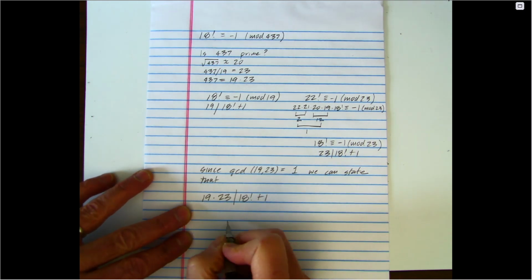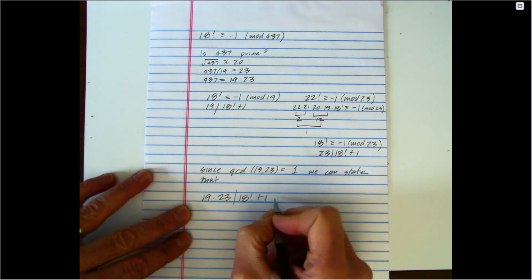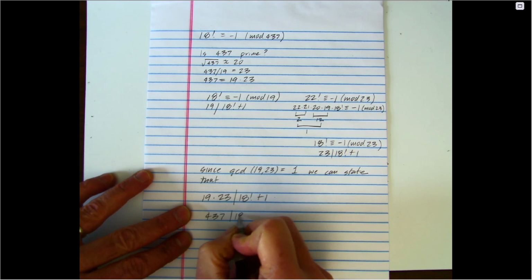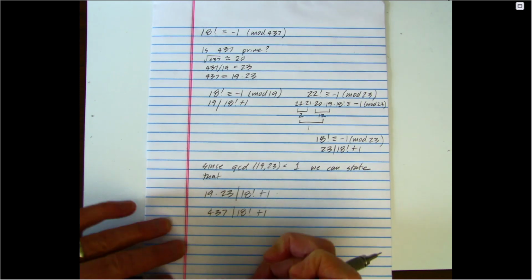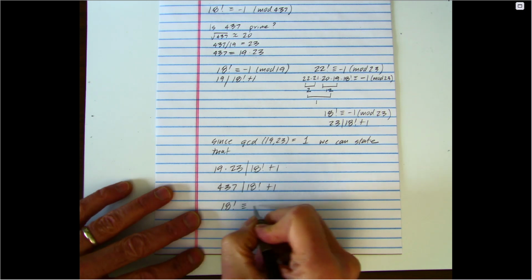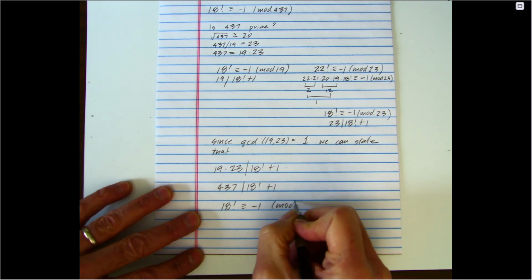What that really means is that 437 divides 18 factorial plus 1. And so 18 factorial must be congruent to negative 1 mod 437.